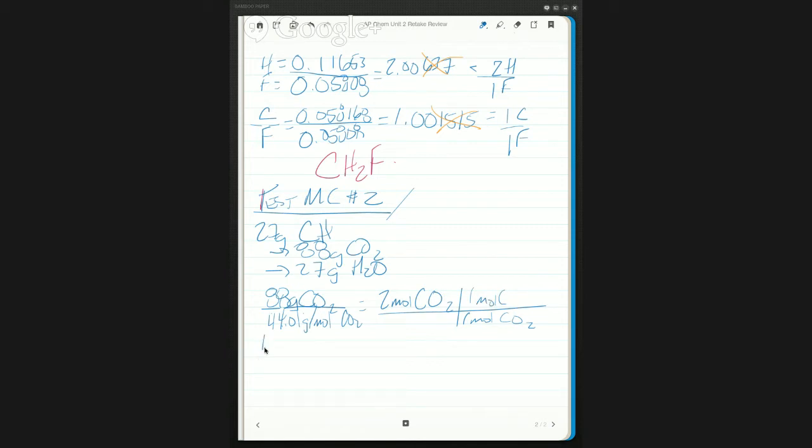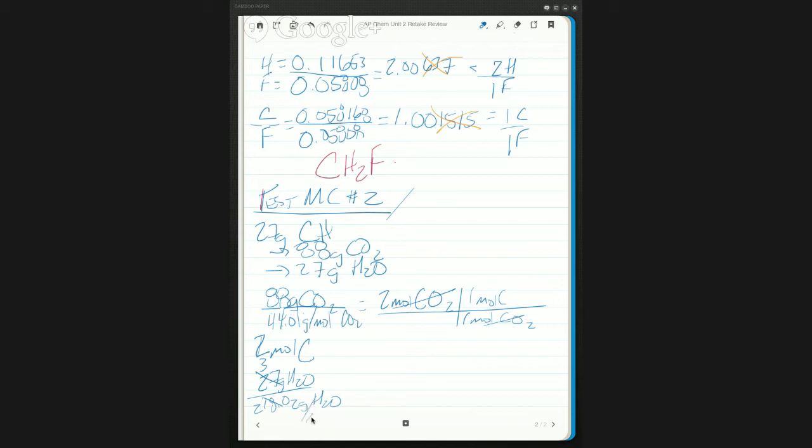So when all is said and done, we have 2 moles of carbon, okay? So that's what we have, 2 moles of carbon. For the water, it was 27 grams of H2O. If we divide that by 18.02 grams of H2O, 9 goes into 18 twice, 9 goes into 27 3 times, right?